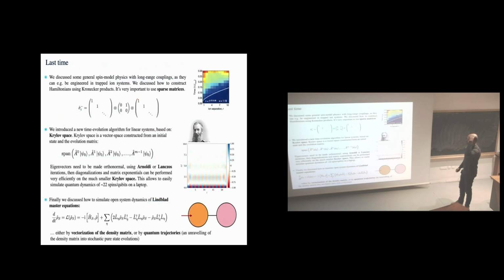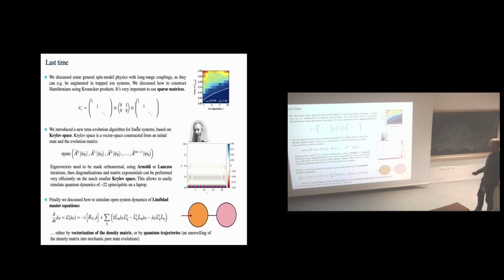Okay, so as always, let me review what we did last time to put it into perspective. Last time I discussed how to construct a Hamiltonian in a practical way using sparse matrices and Kronecker products. The example application was a long-range interacting spin model, where you have a competition between short-range nearest neighbor physics and long-range terms.